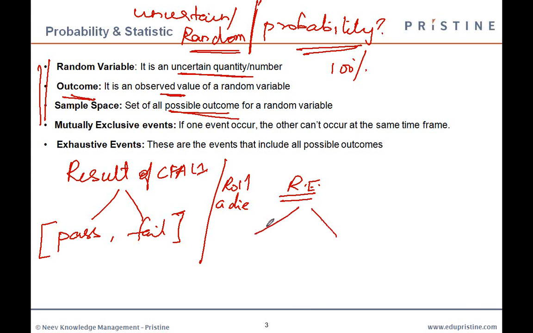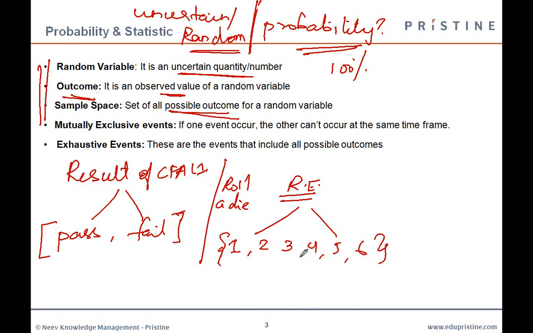What are the possible outcomes? You may get a face of 1, or 2, or 3, 4, 5, or 6, right? So all these, getting a 1, 2, 3, 4, 5 or 6, are outcomes of this random event.